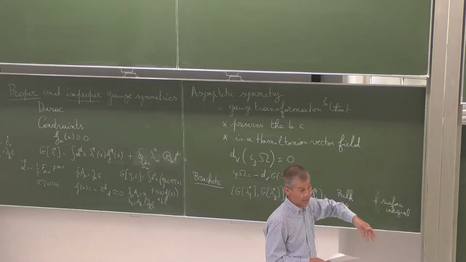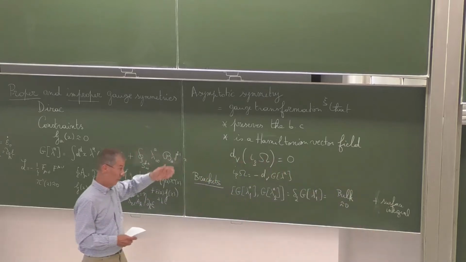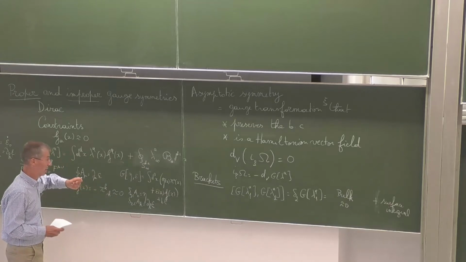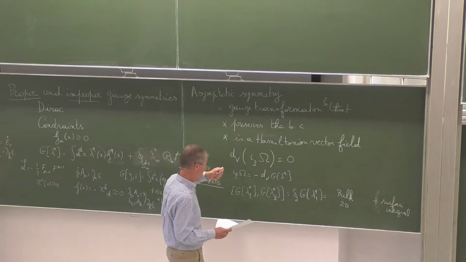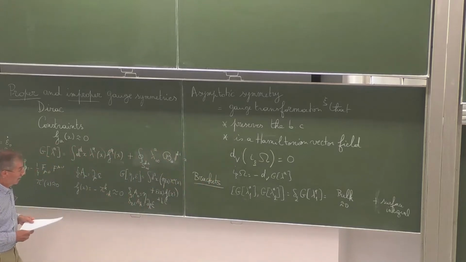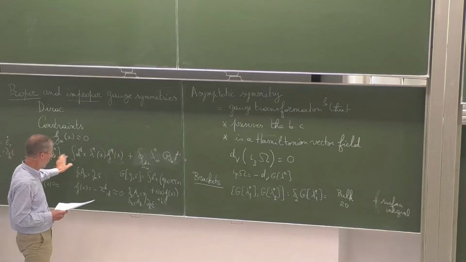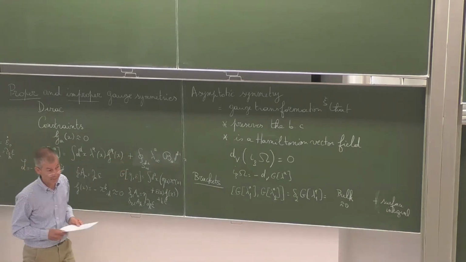You take the quotient by the gauge transformations, you go to the reduced phase space, where you have a well-defined symplectic structure, and that is a physical bracket. These would correspond to non-trivial observables, non-trivial functions on the reduced phase space.